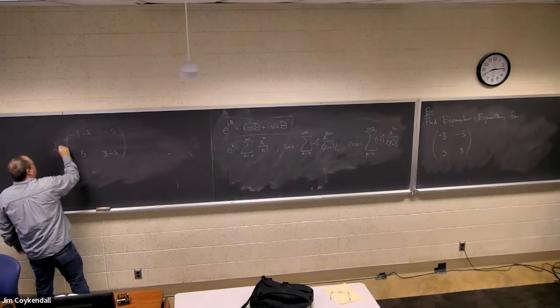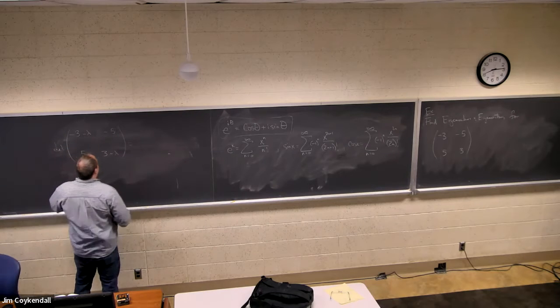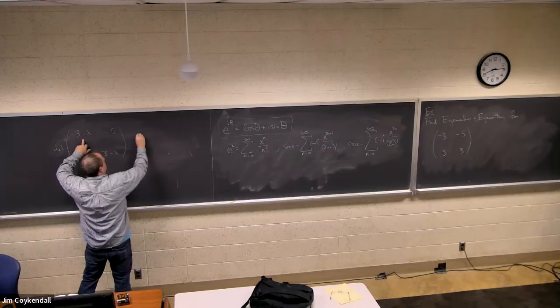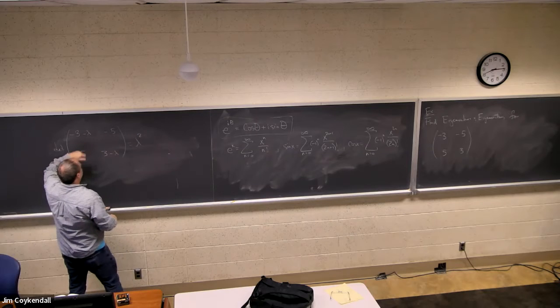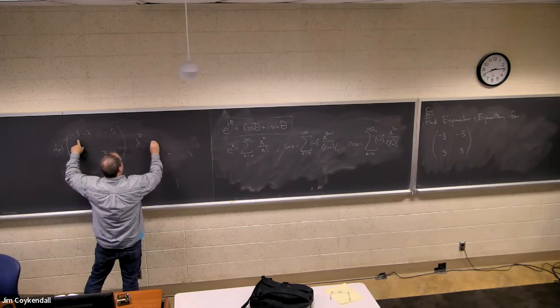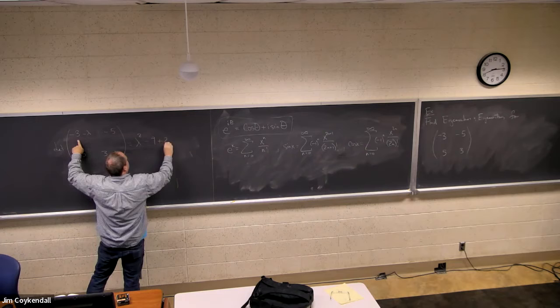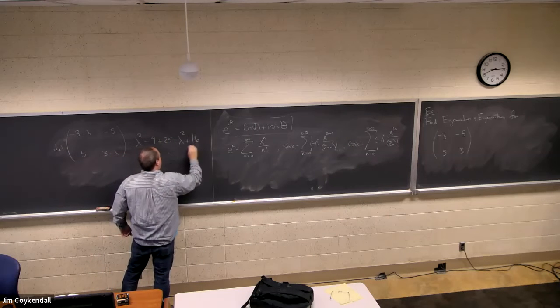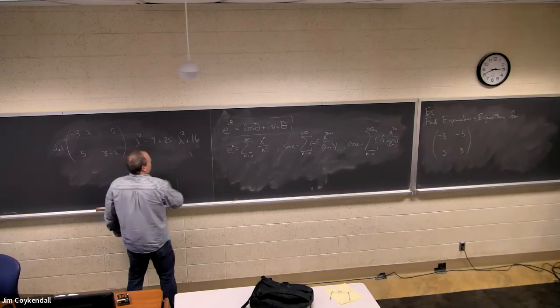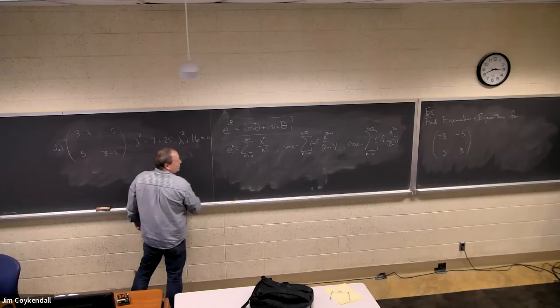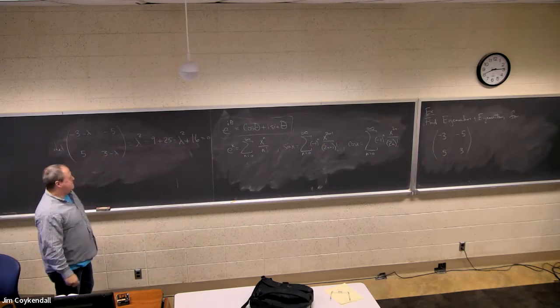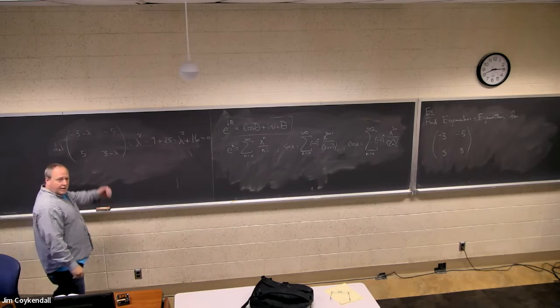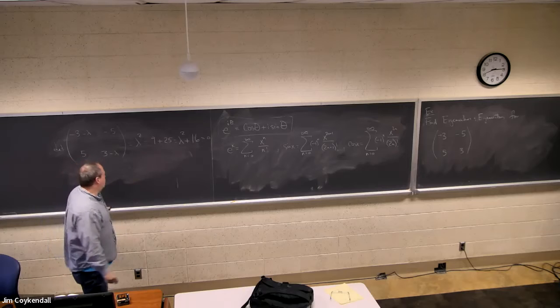The determinant comes to lambda squared plus 3 minus 3 lambda minus 9 plus 25, and I'm going to set that equal to zero. So here I get something simple.